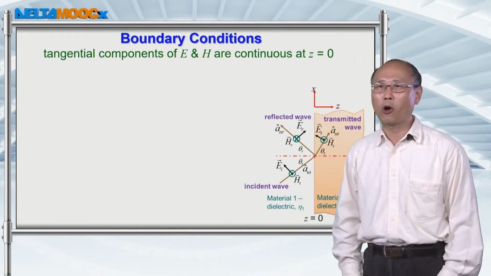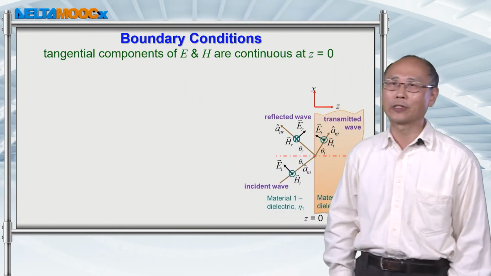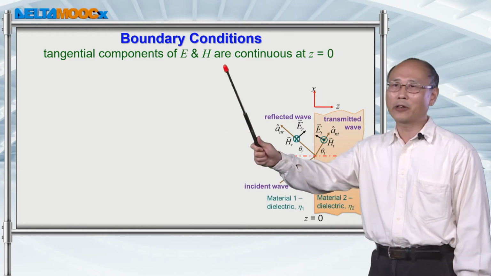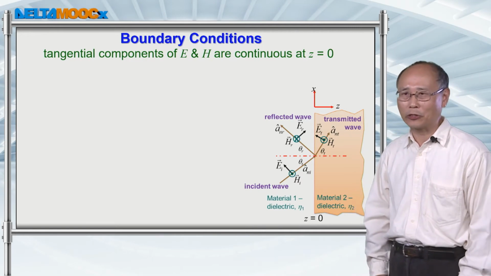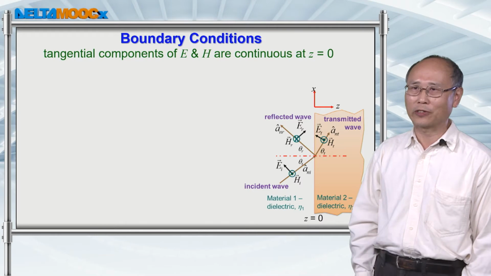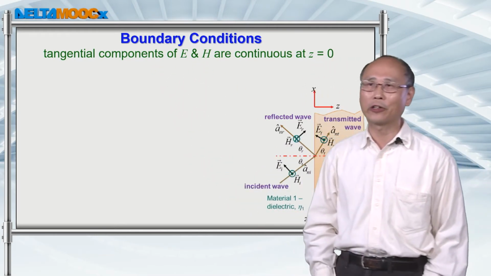Once you write down all the expressions, now is the time to apply boundary conditions to figure out unknown parameters. So the boundary conditions associated with the two dielectric materials. At the boundary, you don't have charges, you don't have currents. So the tangential components of the electric field and magnetic field are continuous.